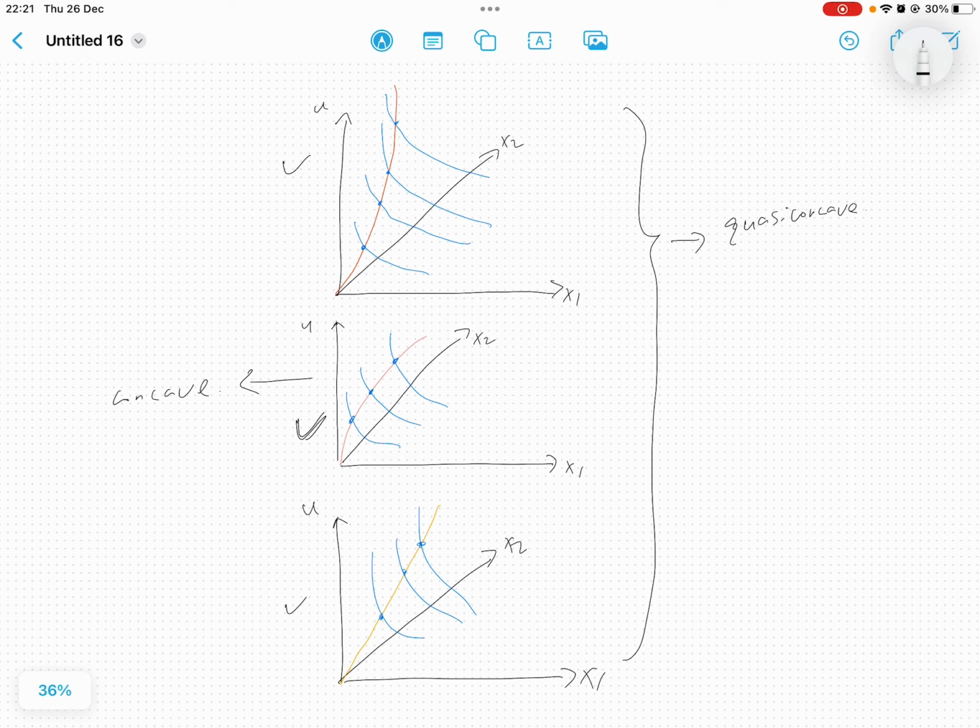And no matter whether this orange curve is convex in the first one, or concave in the second one, or linear in the third one, being both convex and concave, it doesn't matter. This won't affect the upper contour set being convex. So that's why we said that all those are the possible cases in quasi-concave utilities.